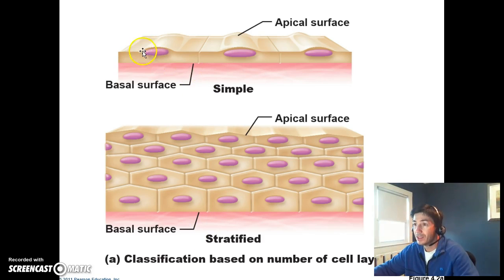Even with this single layer thick simple epithelium, there is still a basal surface and an apical surface, and you can see that there's a distinct difference between the two, the basal surface being connected to this pink stuff underneath it, which you are going to find is connective tissue, and then the apical surface being what I refer to as the free edge. That's going to be either the surface of your skin or what comes into contact with whatever is in your digestive tract.